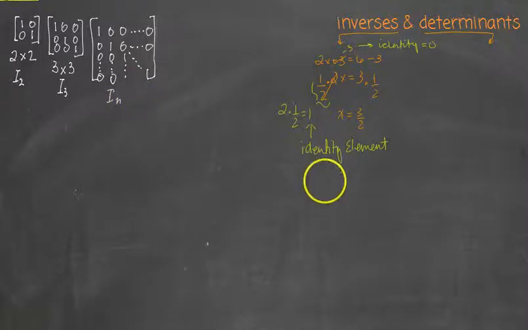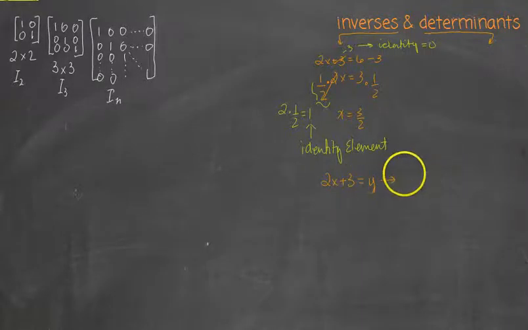So remember, working with equations in the real numbers, I would check to see if two equations are inverses of each other. For example, 2x plus 3 equals y, and we have a couple of operations. One is either find the inverse by switching the variables and solving for it, or sometimes I'd be given two equations.